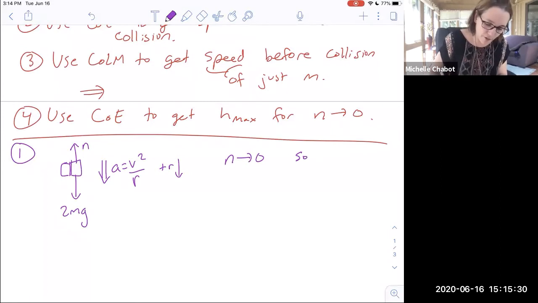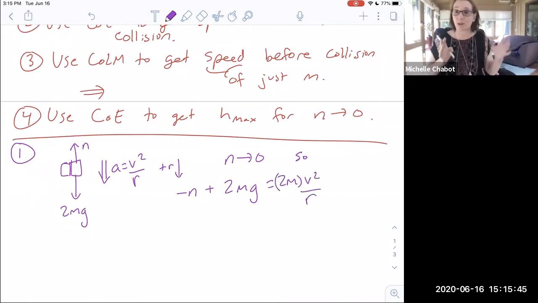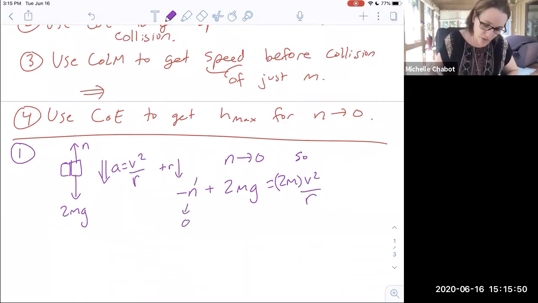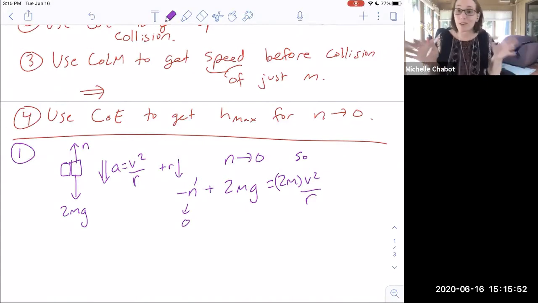So that's going to give me negative N plus 2mg equals, in this case, 2m times v squared over r. So this is where keeping track of m and 2m can be useful. The normal force goes to 0, and my 2m, as long as I had it on both sides, will cancel out.